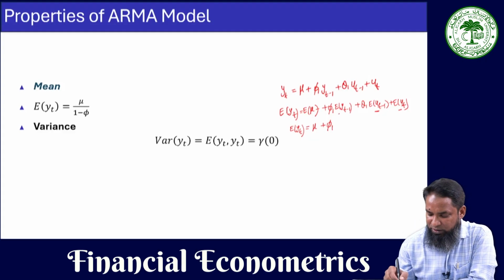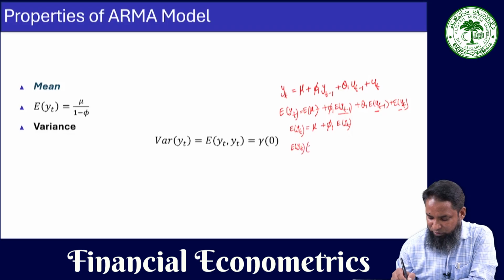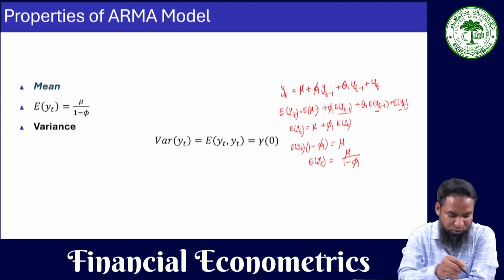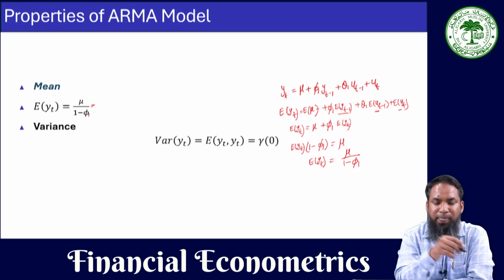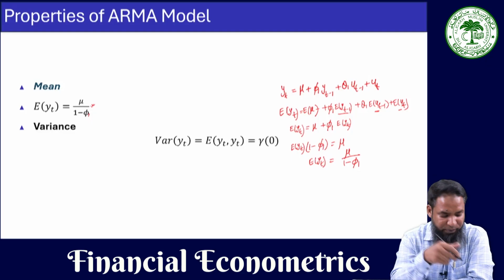So instead of the expectation of yt minus 1, we can write the expectation of yt, and these two terms become 0. So we can write the expectation of yt times 1 minus phi 1 is equal to mu, or the expectation of yt is equal to mu upon 1 minus phi 1. So that's what we have got. Here phi 1 is nothing but the associated coefficient of yt minus 1.